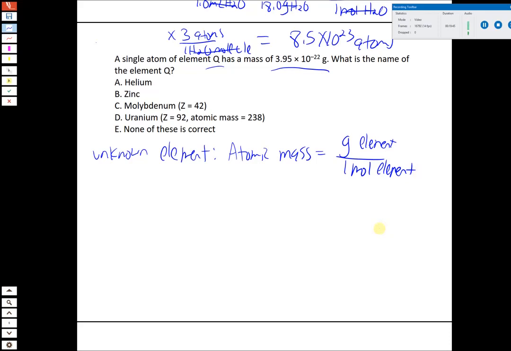And so there's a couple ways that we can approach this question, but essentially if we know the mass of one atom, we know that there's 3.95 times 10 to the minus 22nd grams per atom. We just have to convert that to grams per mole. All right.